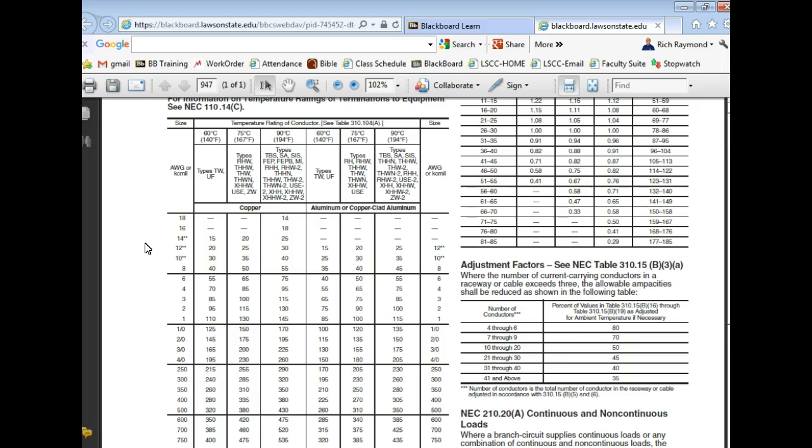So standard house wiring, we run it in what we call a thermoplastic. And we'll look at these different designators here. All these across the top are designators for insulator types, and also jackets too, we'll look at before long. And they rate it at 60 degrees centigrade, 75 degrees centigrade, and 90 degrees centigrade.